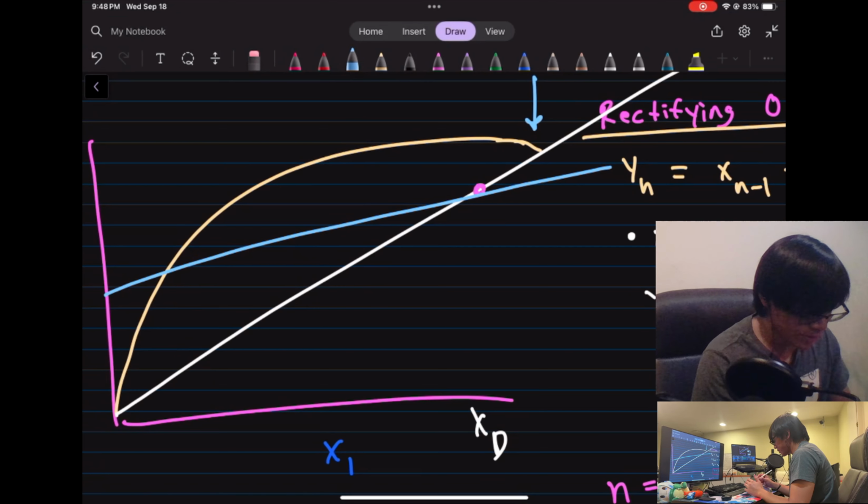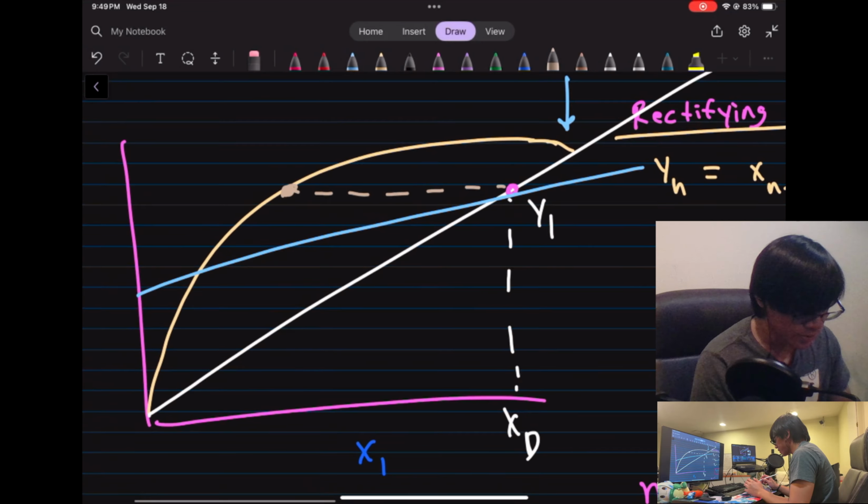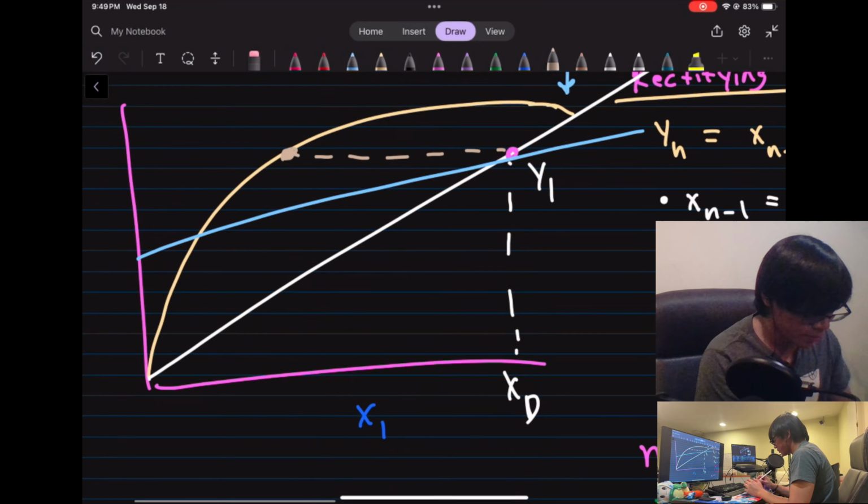And we said this was our xd, and that corresponded to a y1. Again, we had a corresponding x1 at our equilibrium curve, and that was x2, I believe.